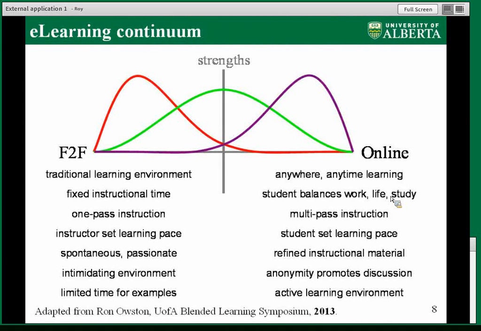Now, I'm not going to read them all to you, but as you read down the face-to-face and the online models, you'll see that whether you want to consider them to be strengths or weaknesses of this instructional modality is very much dependent on the instructor who's planning to prepare a course and the students that are in the course. But we as instructors, of course, want to create an instructional environment that conveys the most information to the students and that caters to their instructional expectations.